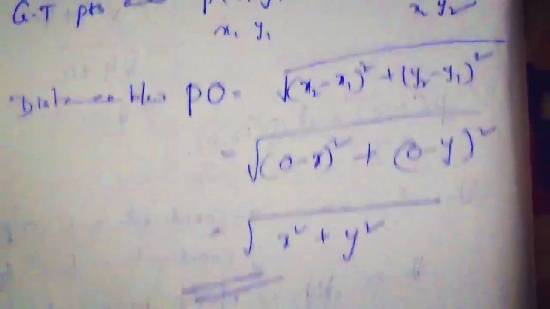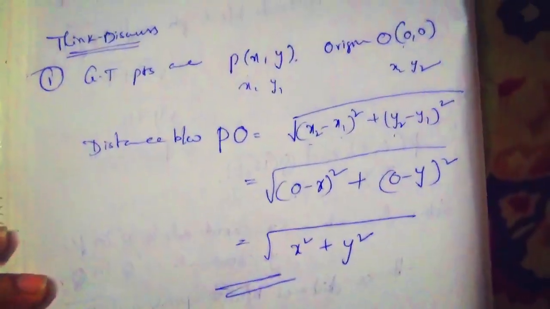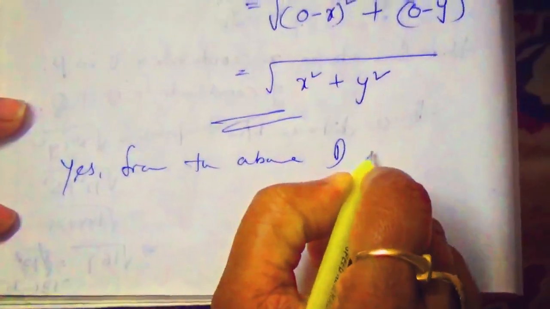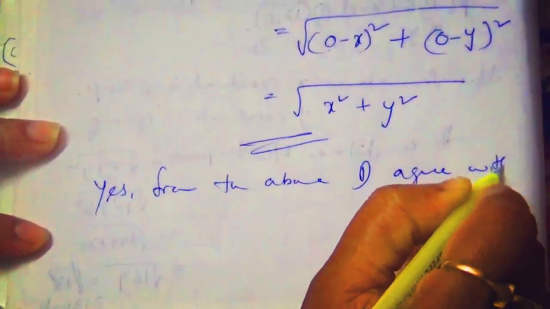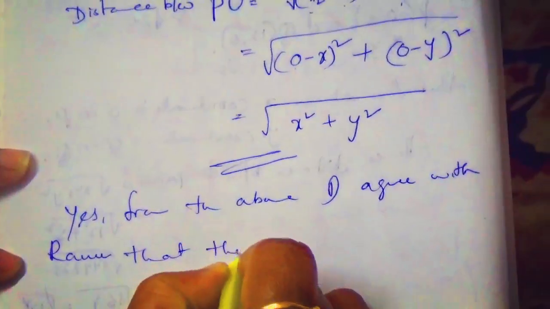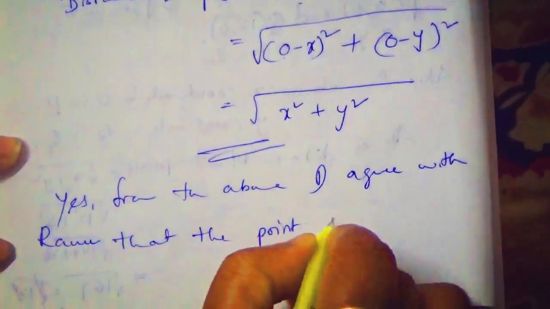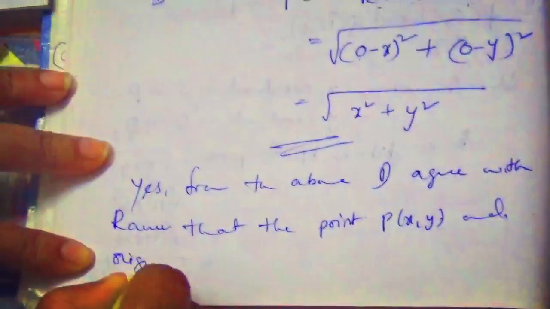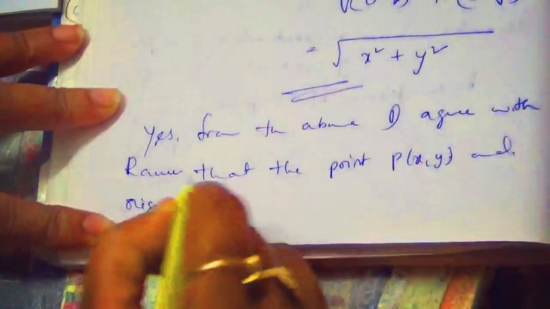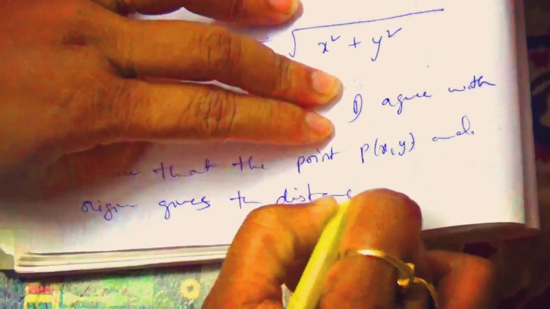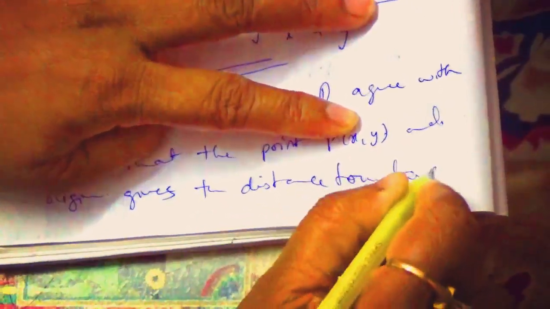Okay, you just write this solution. From the above, I agree with Ramu that the point P(x, y) and the origin give the distance formula as the square root of x square plus y square.